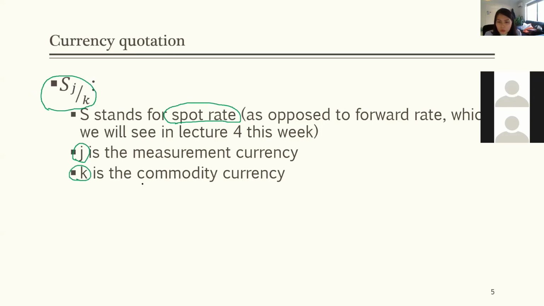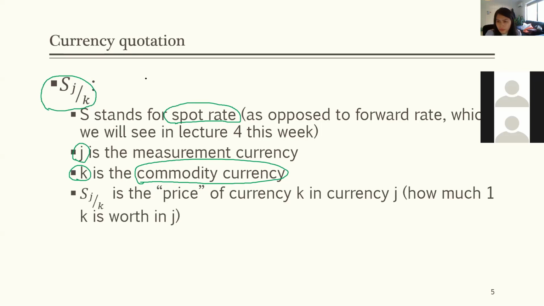The commodity currency is the currency that is priced, and the measurement currency is the price of that other currency. So this exchange rate, J over K, is the price of currency K, the commodity currency, in currency J, the measurement currency.